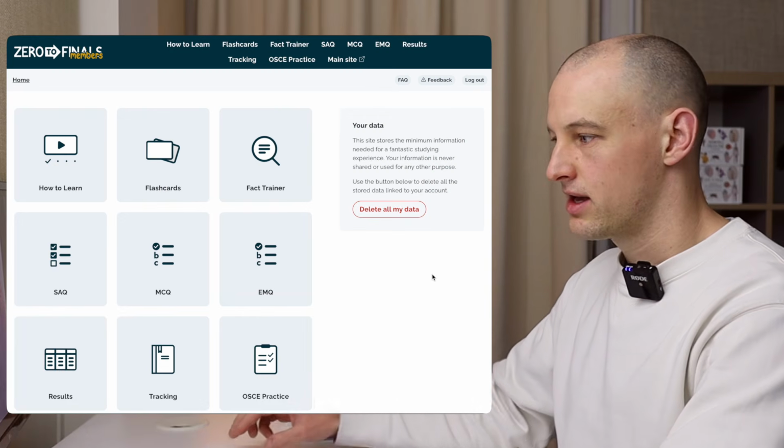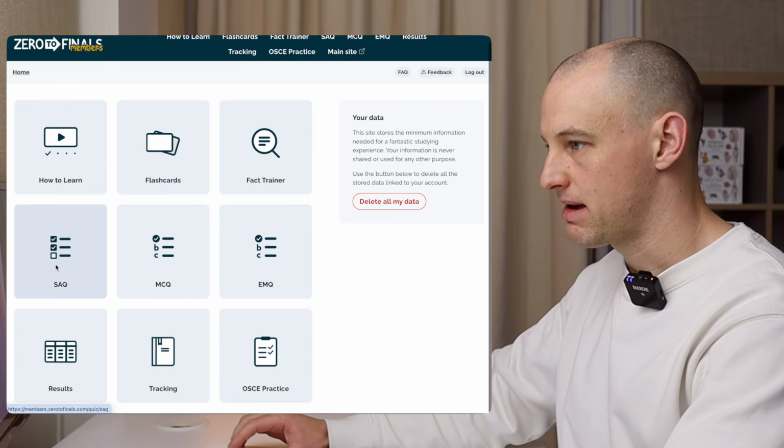So remember, the testing sandwich starts. I've just arrived in the library. Here I am. I'm going to study cardiology, which is the first section of this Zero to Finals medicine book. Before I start this, the first part of the testing sandwich is to do short answer questions. So let's start. We've got the member site here.